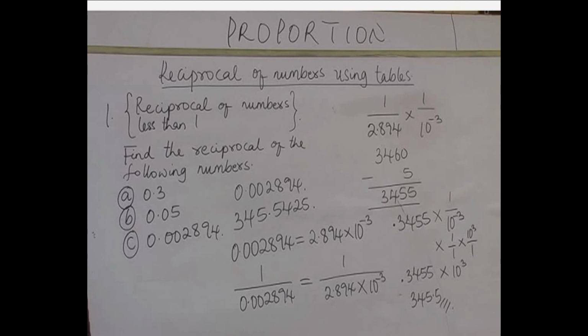But the two values have the same value. If you are to give it to 1 decimal place, you discover that 345.5425 that you got from the calculator will be 345.5, which is exactly the value you got from your 4-figure table, 345.5.